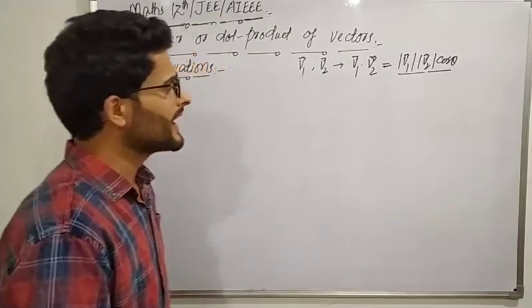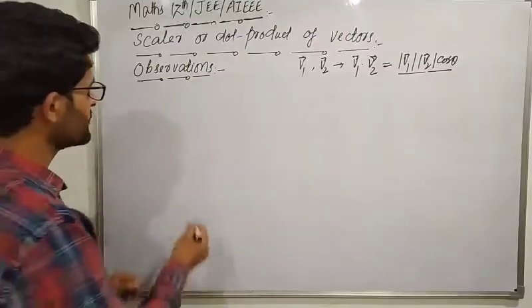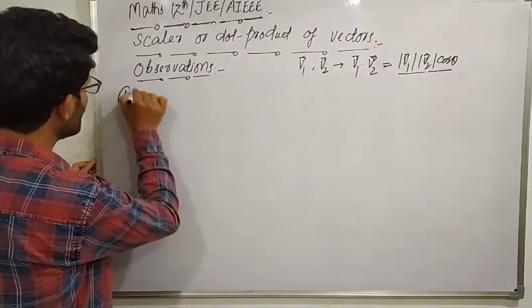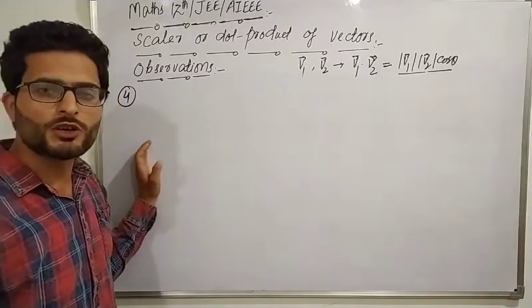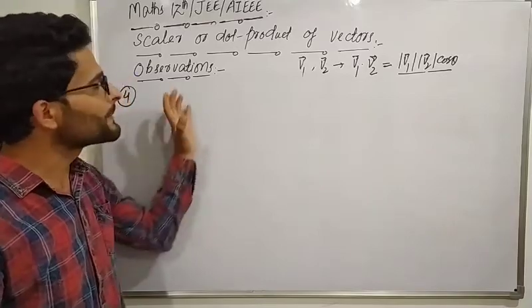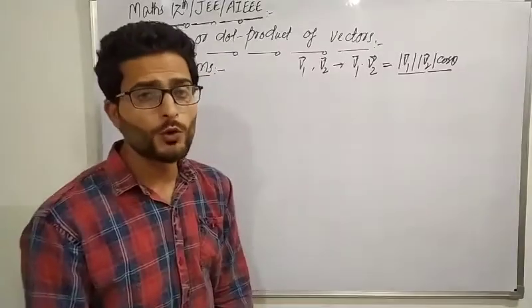And now there lies another observation, observation number 4. In the previous class we have discussed 3 of them, and here lies the 4th observation under the concept of scalar or dot product of two vectors.